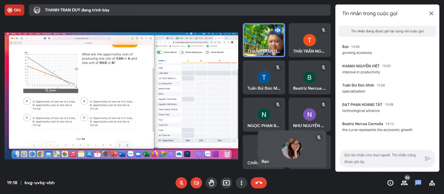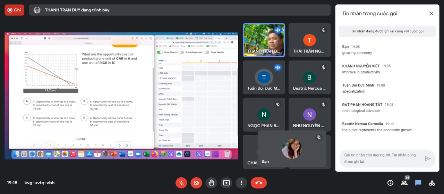Yes, Minh Tuấn. Teacher, you take the maximum productivity of rice, 120, it's 3 because it's 120 over 40. Mhm. The maximum. Exactly right.